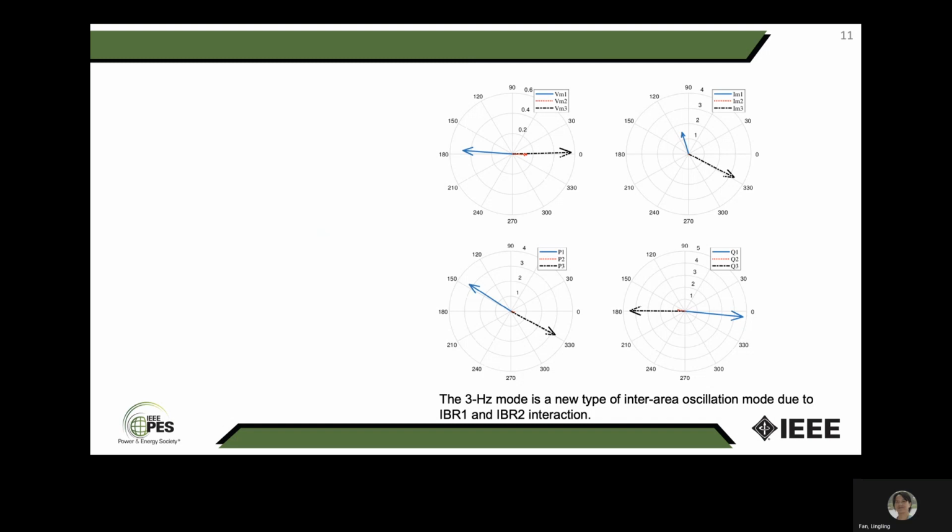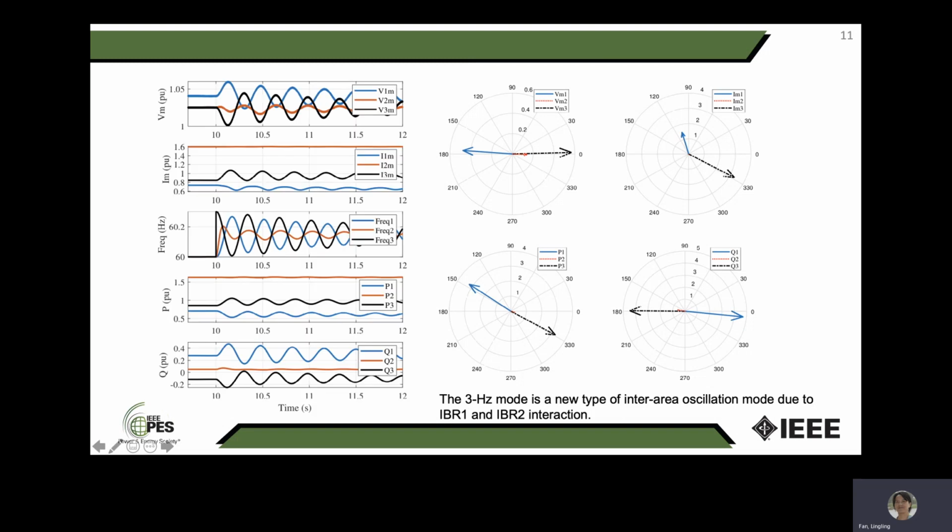Here we extend the mode shape not only to voltage but also to different measurements, including voltage magnitude, current magnitude, power, real power, and reactive power. All these eigenvectors or mode shapes tell the same story, that IBR1 is oscillating against IBR3, and this exactly matches the EMT simulations.